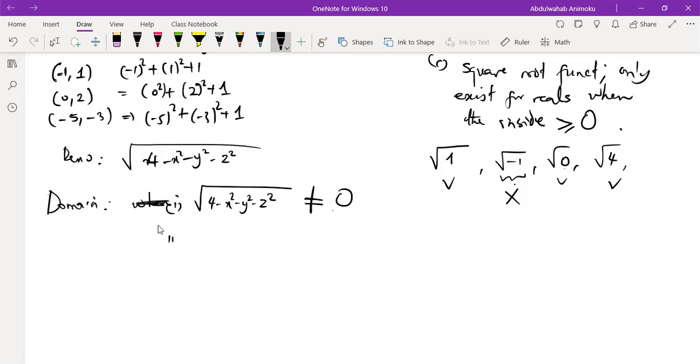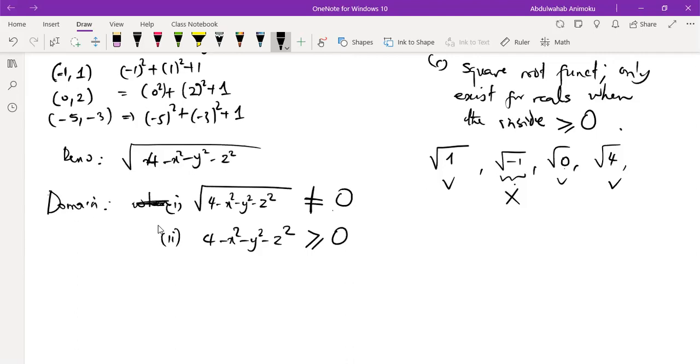Now, the second thing is we have a square root, which is additional information, which means that what? For the square root function to exist, the inside of the square root must be greater than or equal to 0. These are the two things, right? Now, when you combine these two, it means that what?